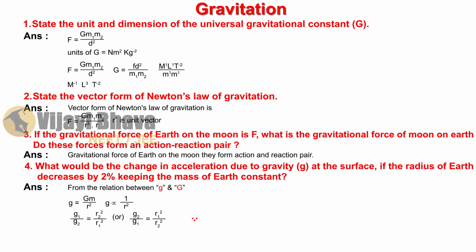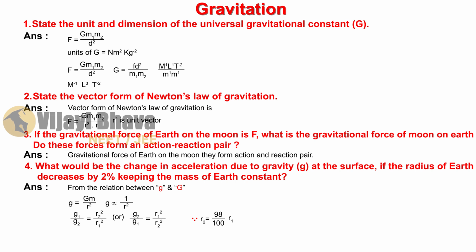Since the radius of Earth is said to be decreased by 2%, we can write R2 as 98 by 100 R1. This is because the radius of Earth has been decreased by 2%. Suppose it is decreased by 4%, then R2 will be 96 by 100 into R1.